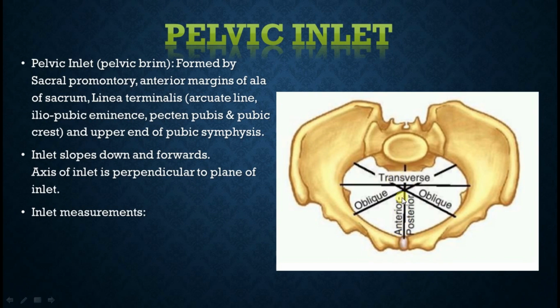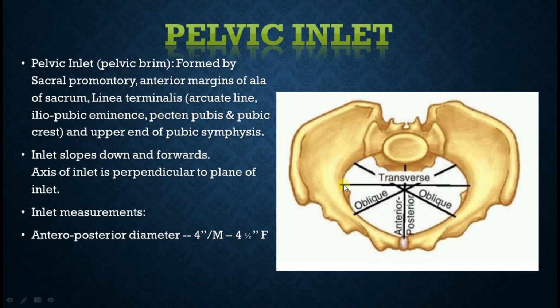The antero-posterior diameter is from the sacral promontory to the upper border of the pubic symphysis, which is 4 inches in males and 4.5 inches in females.